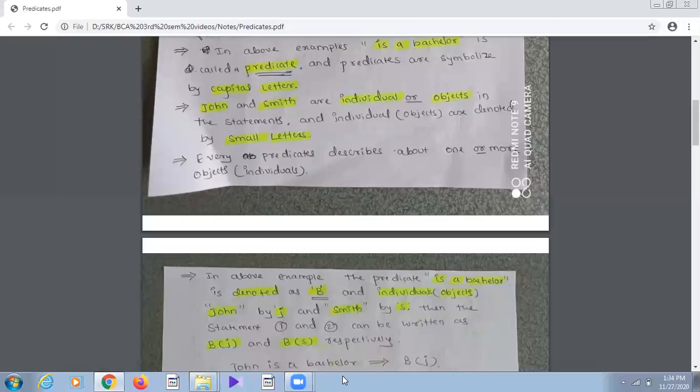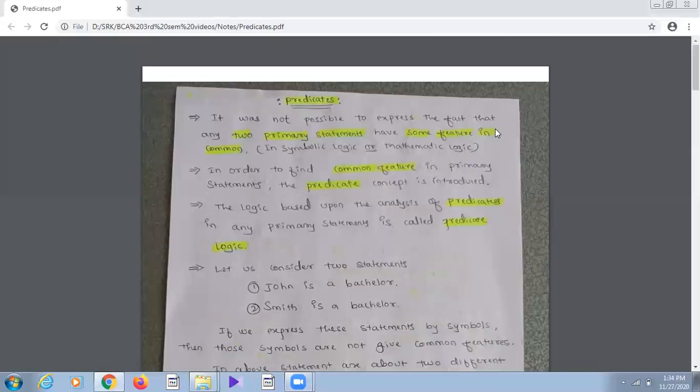Next concept is the statement function. After that the quantifier. After that free and bound variables, and then this unit needs to be finished.